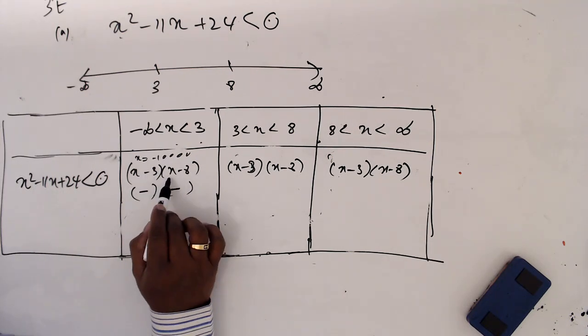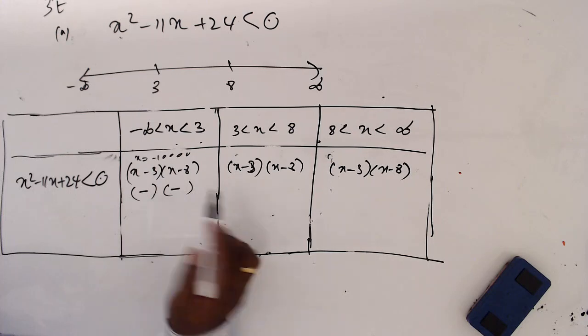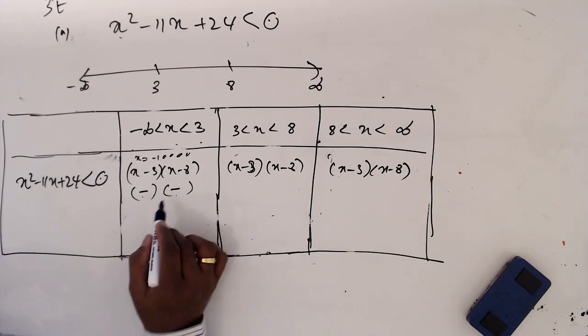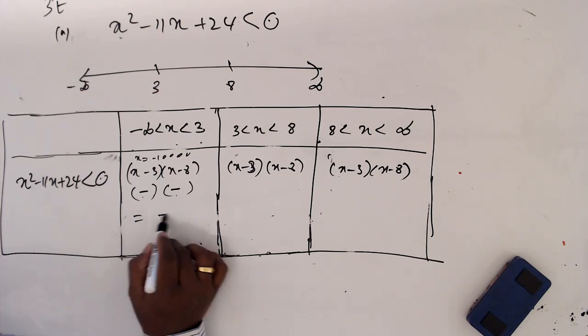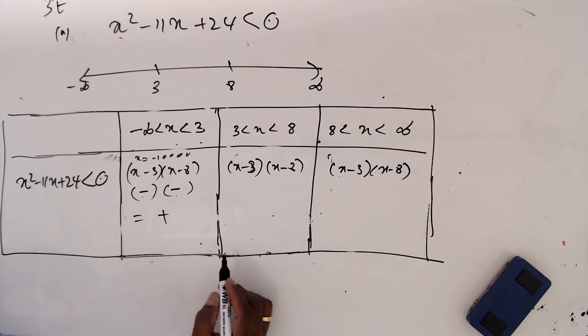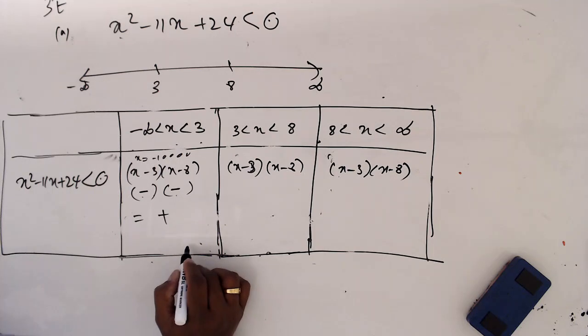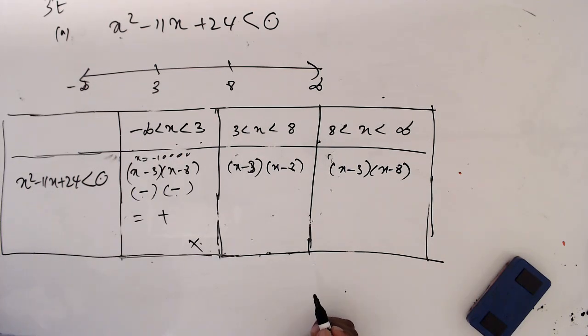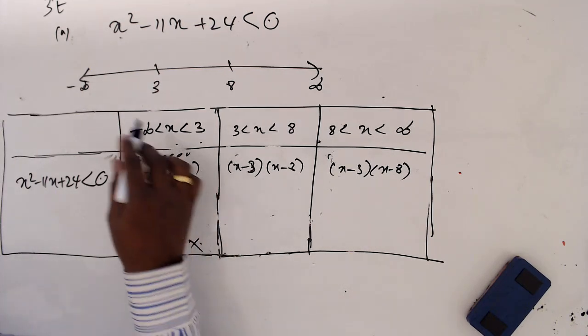When I substitute the x value here, still minus. Now when you multiply minus times minus, what is the final answer? Positive. So this is not an acceptable area. This interval does not match with this inequality.